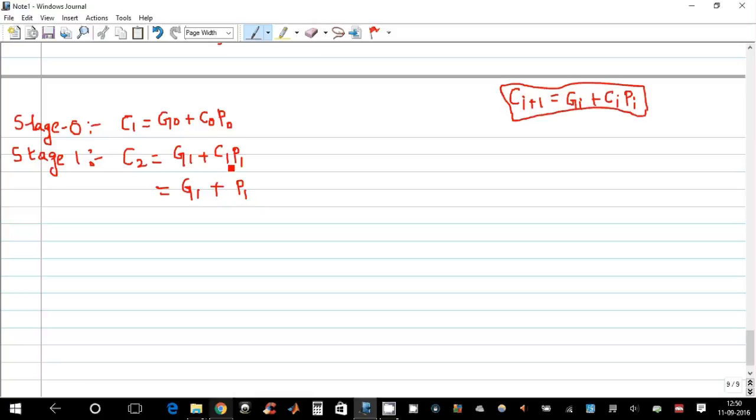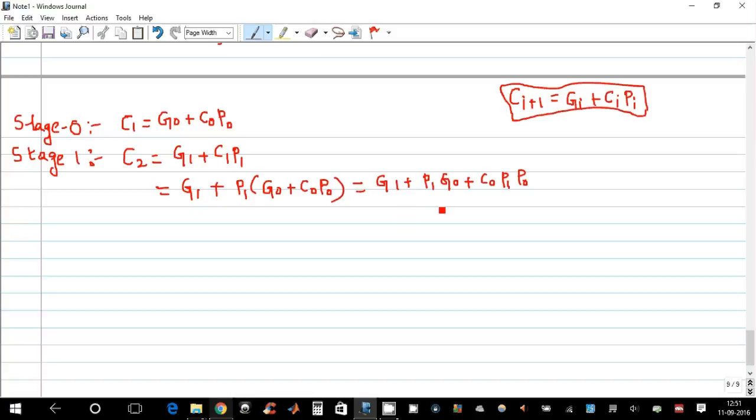We'll replace this C1 with the expression we have already derived, G0 plus C0 P0, which gives G1 plus P1 G0 plus C0 into P1 P0.